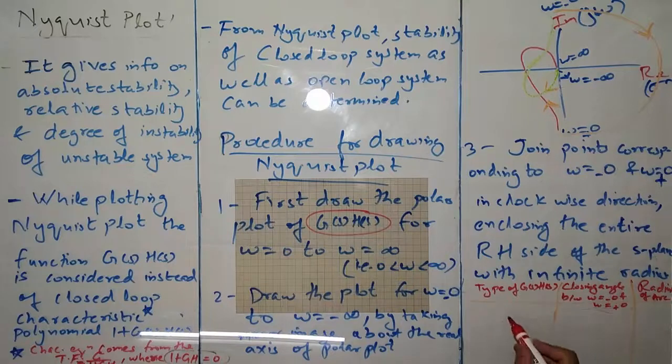For a type 0 system, the closing angle between omega equal to -0 and omega equal to +0 will be 0, because the two points will be coincident. For a type 1 system, the closing angle will be -pi, and the radius of the arc will be infinite, since the arc between the two points -0 and +0 has infinite radius. For a type 2 system, the closing angle is -2 pi, which almost covers the entire S-plane.